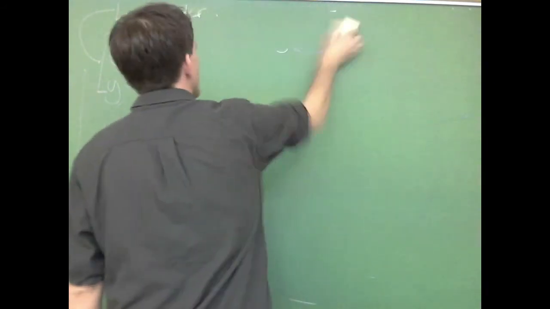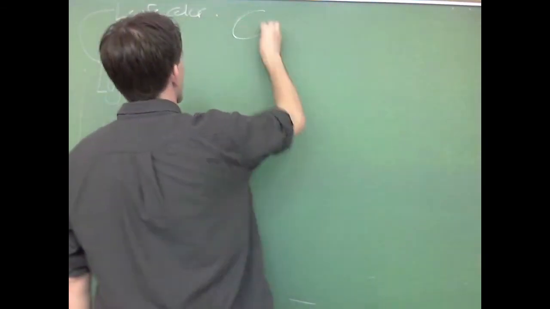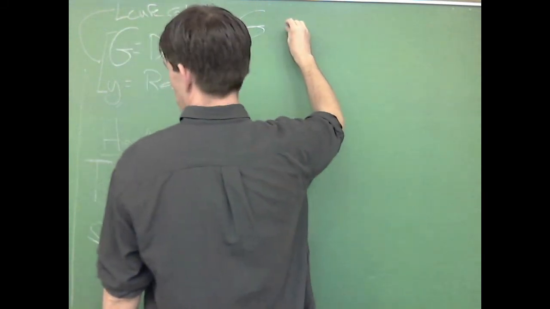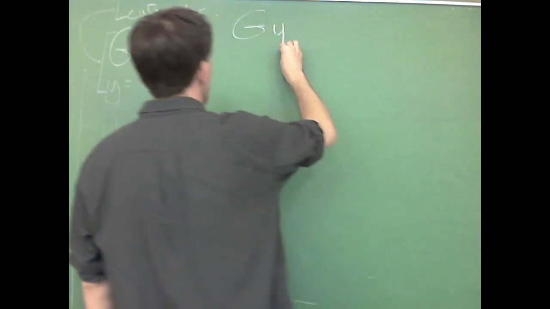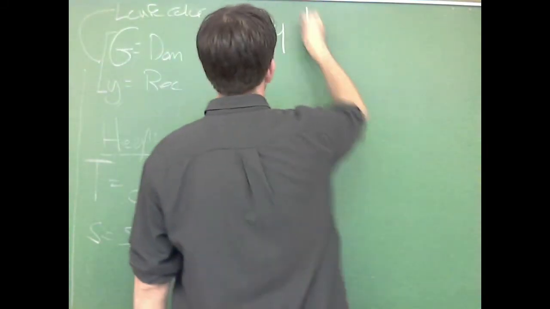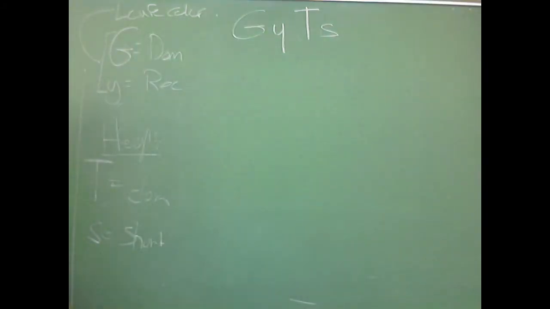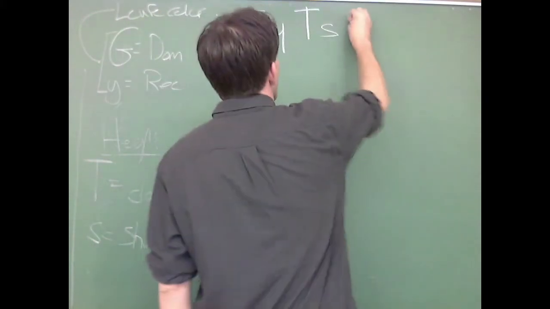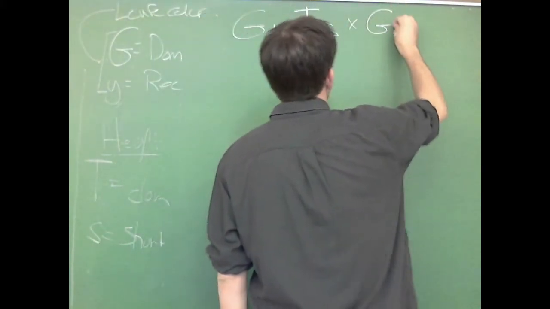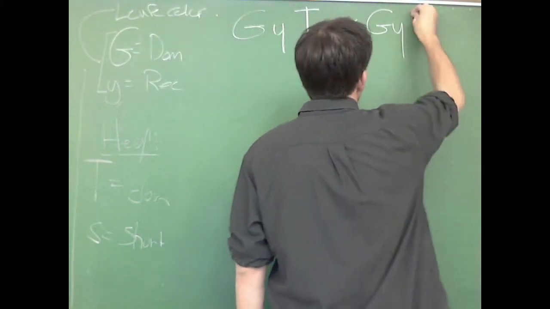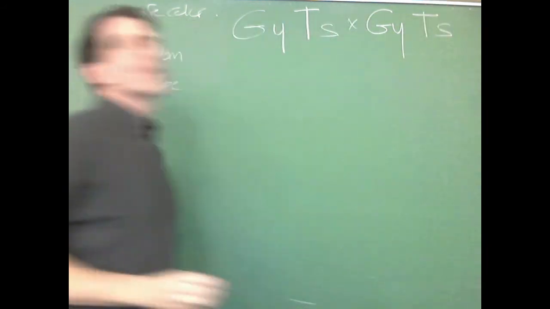So, let's say we have a male and a female, and the male has a green allele and a yellow allele, and he also has a tall allele and a short allele. The female of this plant, we'll call it a plant, similarly has a green allele and a yellow allele, and a tall allele and a short allele.